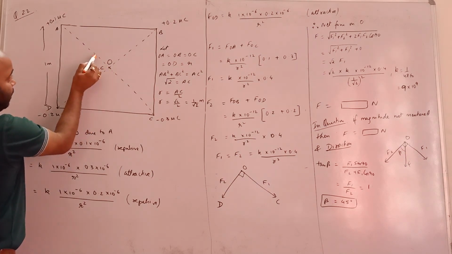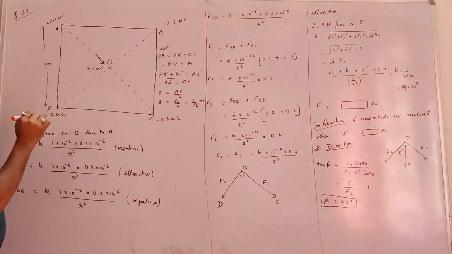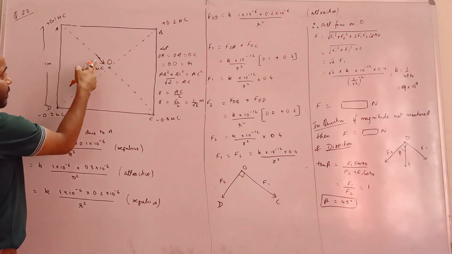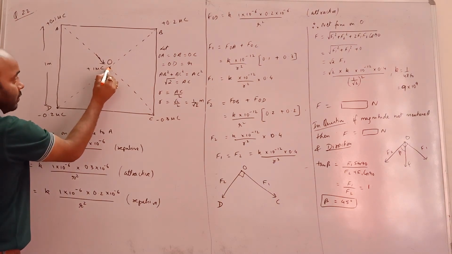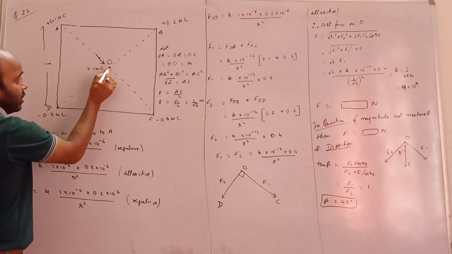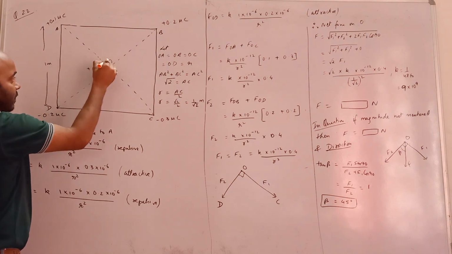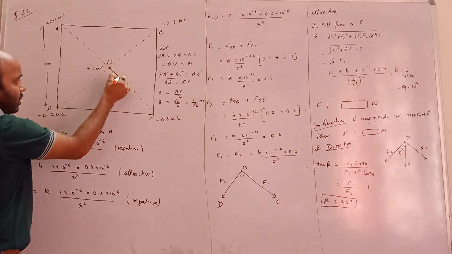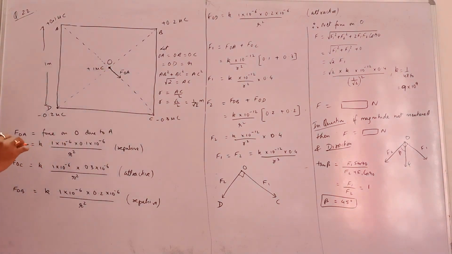Don't make the mistake of drawing it in the other direction. We need to find the force here. This charge is already at this point, so it will move in this direction. This is the force on O due to A.